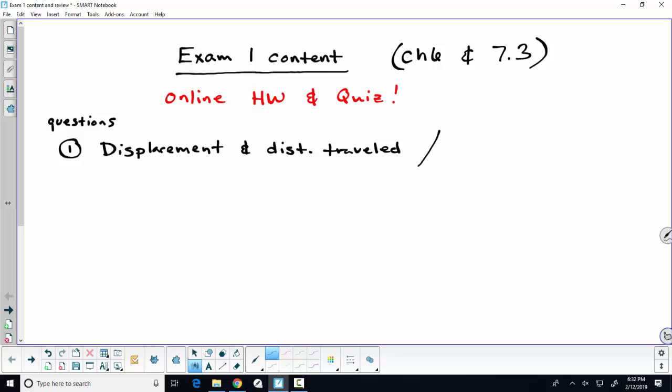And you should be able to identify when the velocity is moving left, right, or when the object's moving left and right.